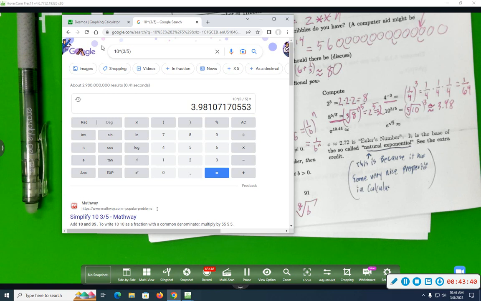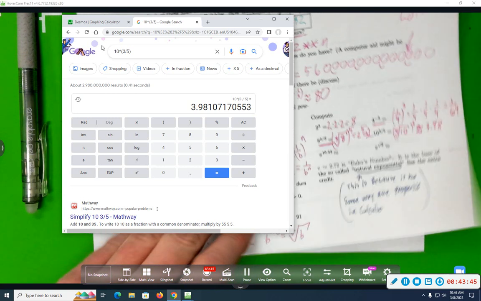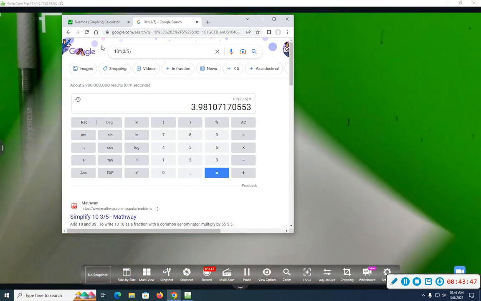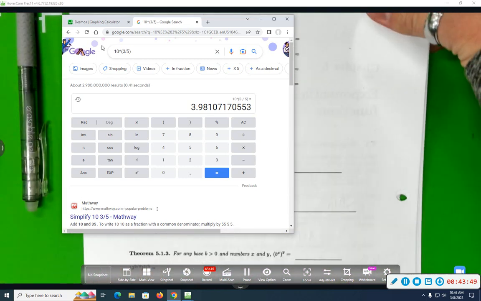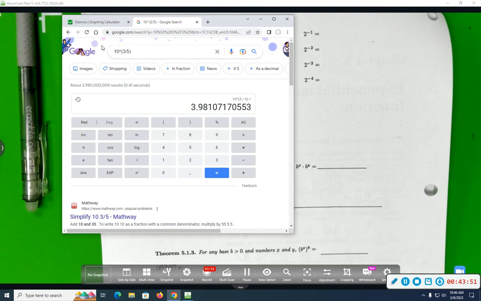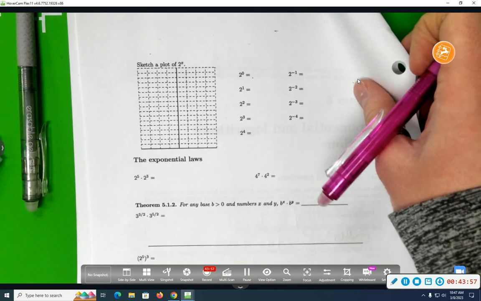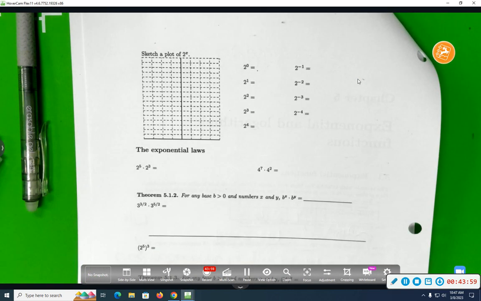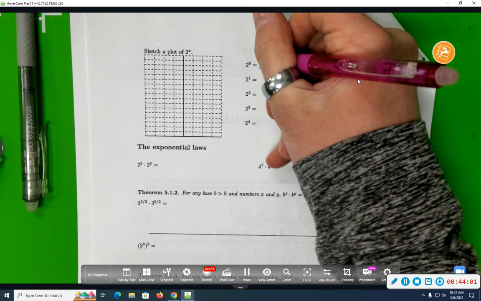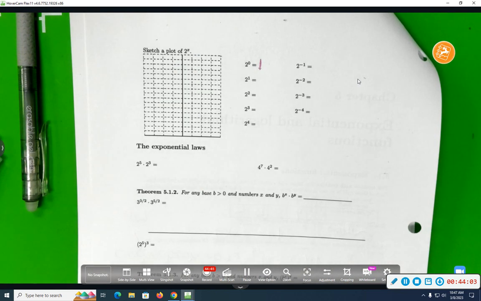Folks feel good right now? Let's think about graphs of exponentials. I think we have enough time to do this one last thing. I have 4 minutes. Let's sketch the graph of 2 to the x, and let's do it by plotting some points. What's 2 to the power 0? Anything to the power 0 is 1. So that means x equals 0, y equals 1 should be on the graph.